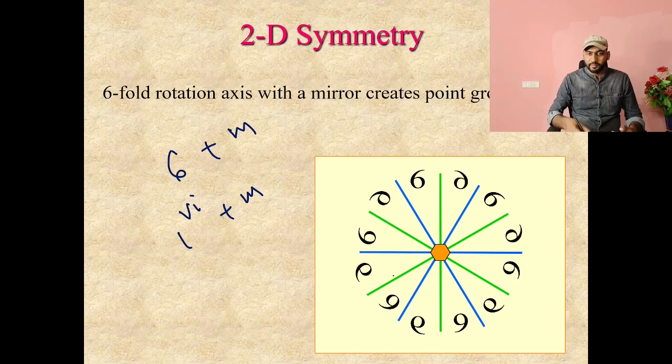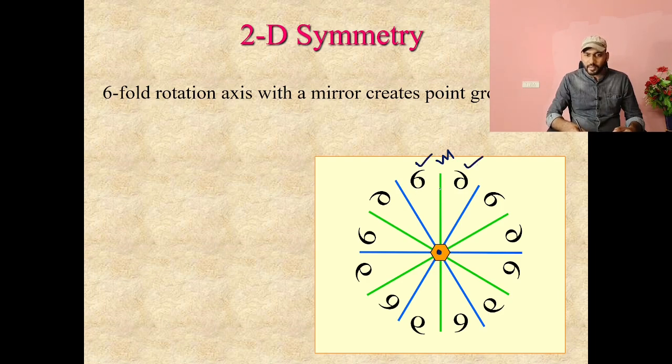This is a sixfold rotation axis at the center, and we have one single mirror here. Now the digit 6 will become a D-like structure after reflection. This is the first step. First we reflect, then it becomes one single unit.